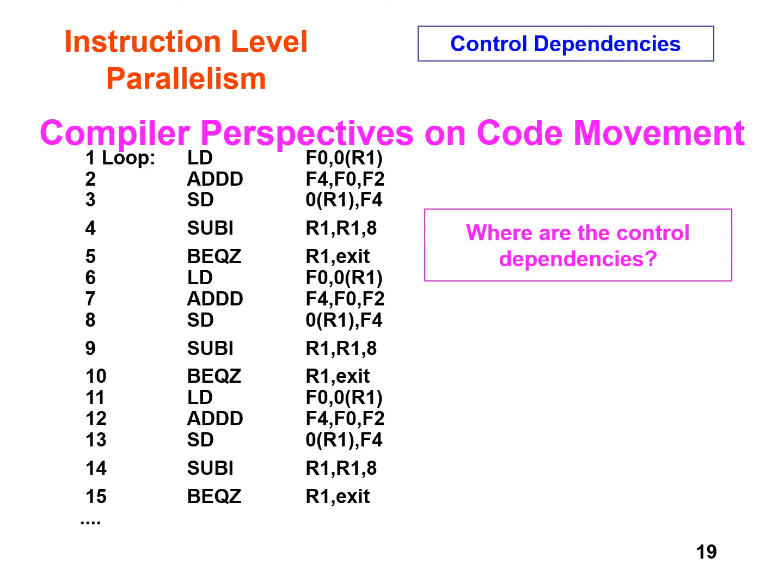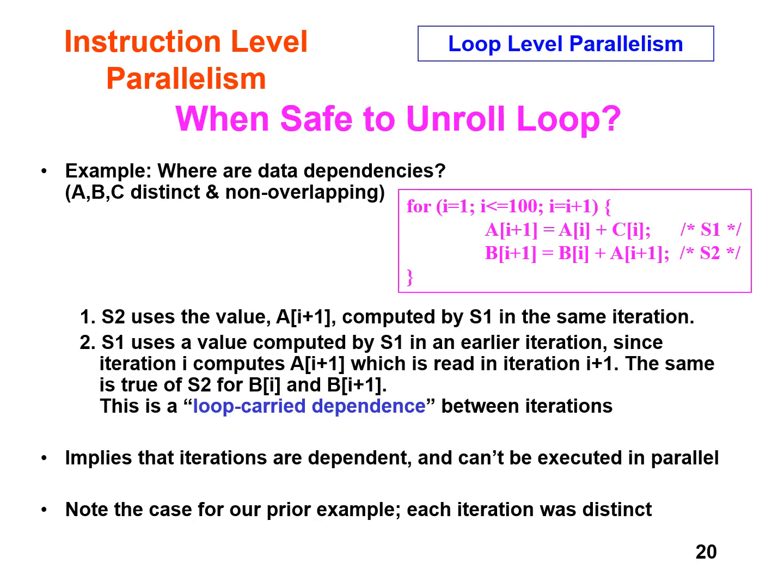Look here. What are the control dependencies? This is the technique used to find data dependencies, with A, B and C. We have to evaluate when to do some loop unrolling.